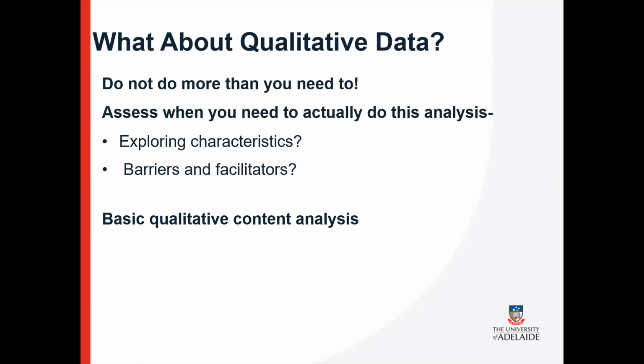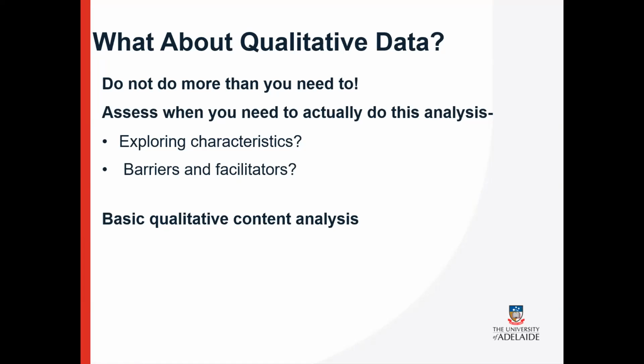So people use basic qualitative content analysis in software such as NVivo. You could potentially do it in JBI SUMARI. Some people do it in good old pen and paper. There are many different ways that you can actually do this basic qualitative content analysis.